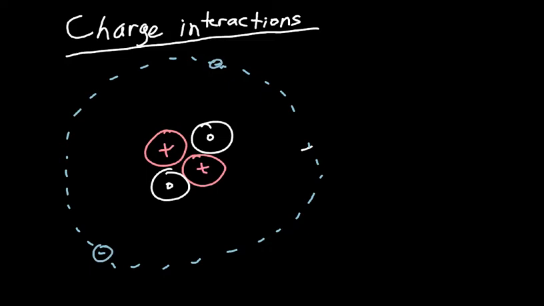When we look at the structure of an atom, we see that the parts in the middle, the nucleus, we've got positive and neutral components there. So positive protons, neutral neutrons. The electrons, which are whizzing around sort of in orbit around the nucleus, those are all negatively charged, and they don't stick with the nucleus unless we have these charge interactions.